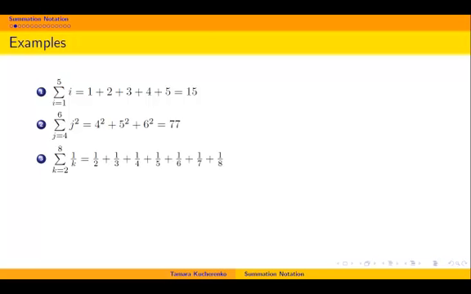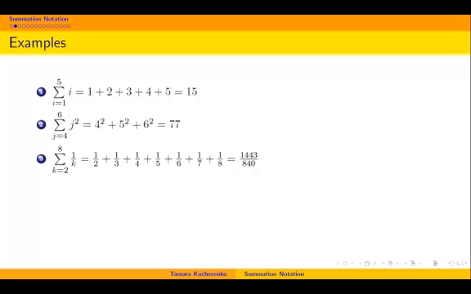We get 1/2 plus 1/3 plus 1/4 plus 1/5 plus 1/6 plus 1/7 plus 1/8. The least common denominator here is 8 times 7 times 5 times 3, which is 840, and the sum equals 1443 divided by 840.